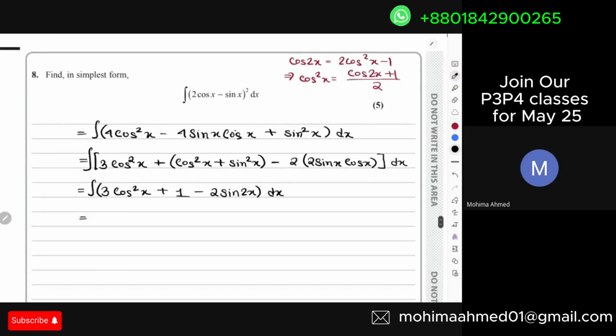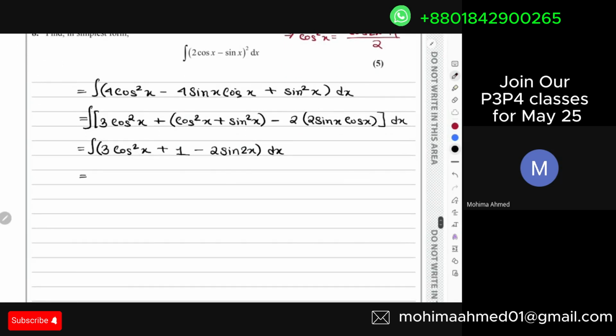So instead of 3 cos square x, I'm now going to use 3 times cos 2x plus 1 divided by 2, and then plus 1 minus 2 sine 2x.